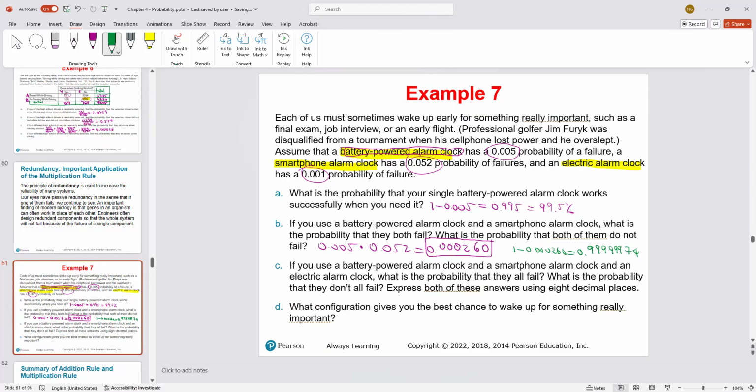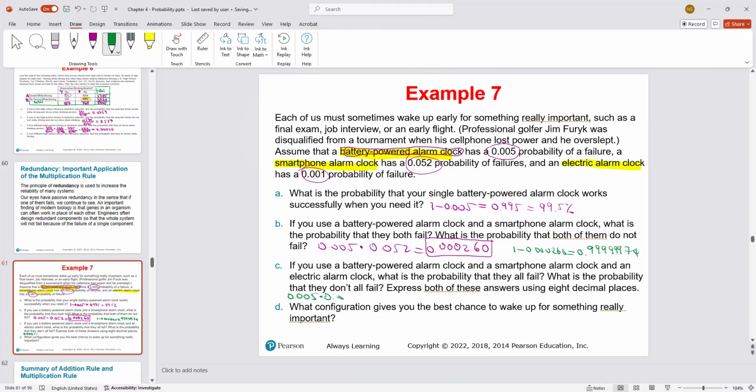All right. If you use a battery alarm clock and a smartphone alarm clock and an electric alarm clock, they do all three at the same time, and they ask you what is the probability that all fail, just multiply all three.